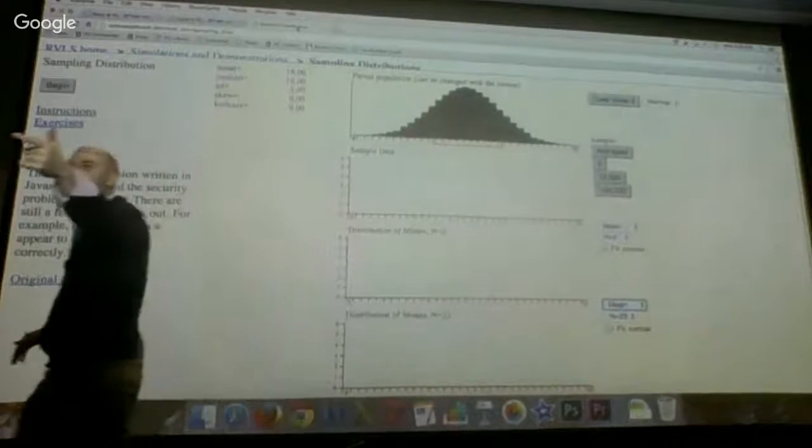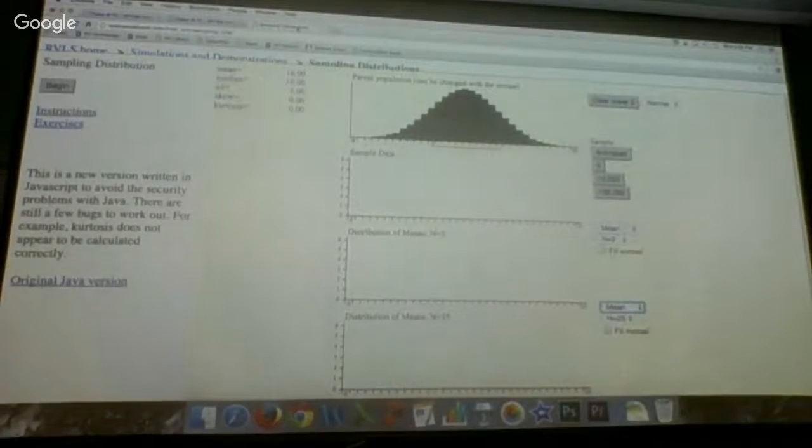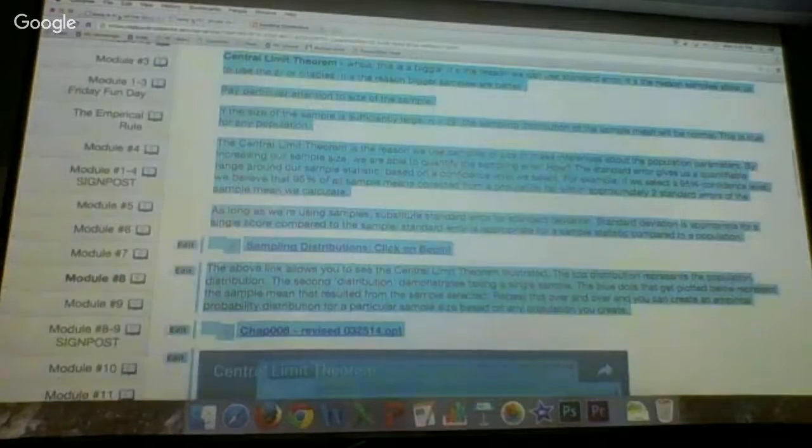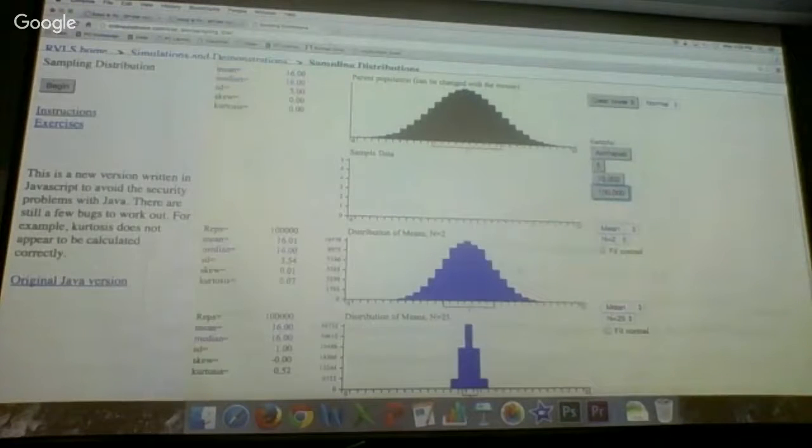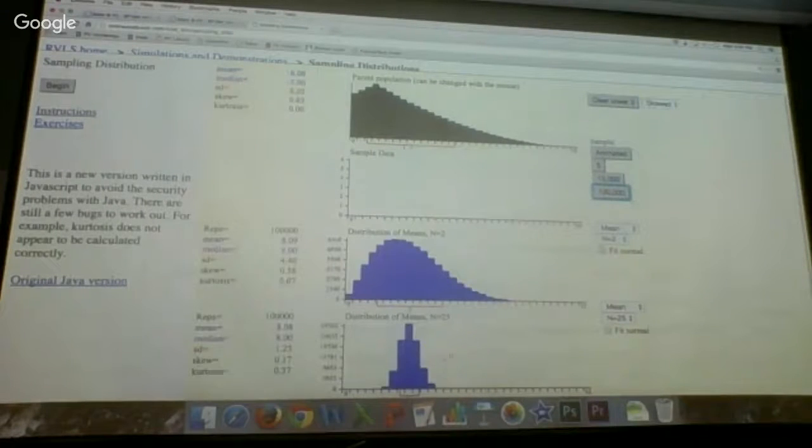Chris? More normal, and what else? And what else? Mike? Get smaller. Get smaller. Let's call it narrow. Let's see what the question asks. Yeah, so let's actually do this. Looks like, well, that's not bad, but if this one was not normal, we definitely get more normal, and it becomes more narrow.